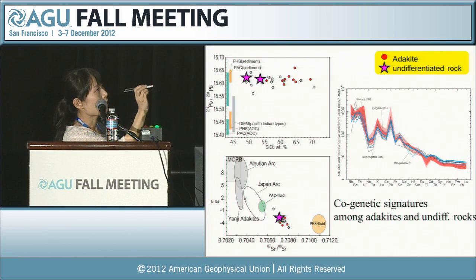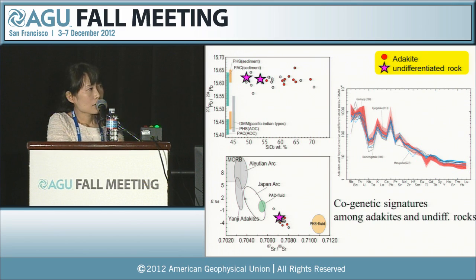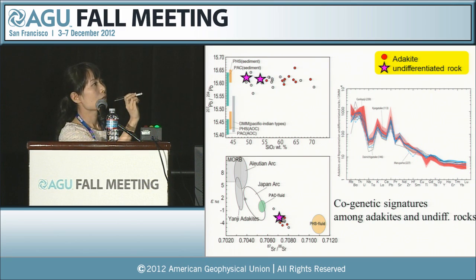The isotopic ratios of adakites are almost the same as those of undifferentiated rocks, and more enriched than MORB, which indicates that their origin is not a MORB or MORB-like source mantle. Next, we will discuss the genesis of these undifferentiated rocks having adakitic signature after showing the thermal structure beneath central Japan.